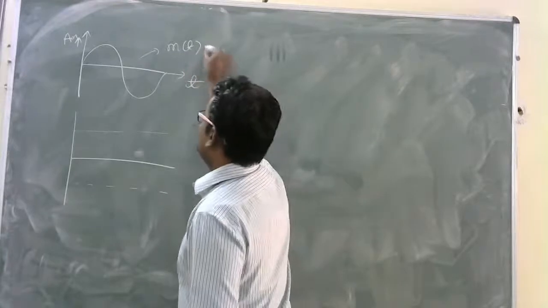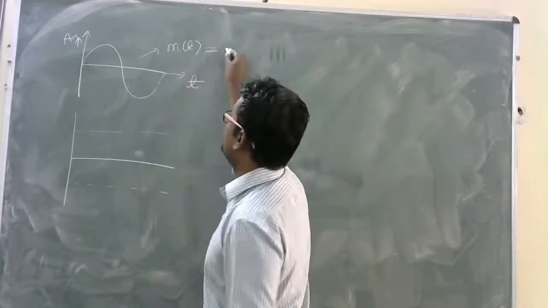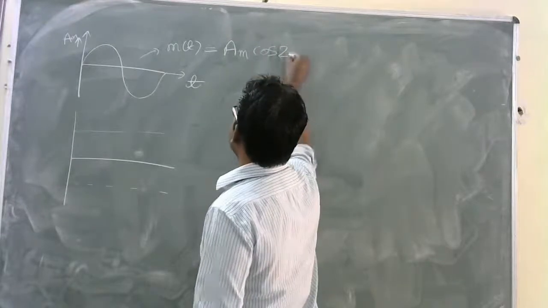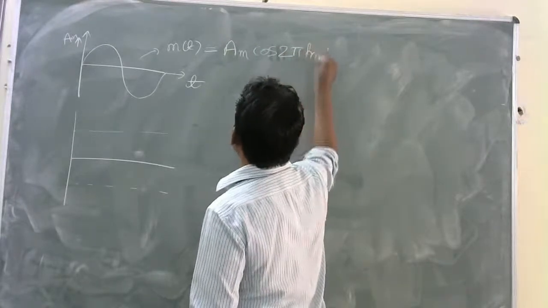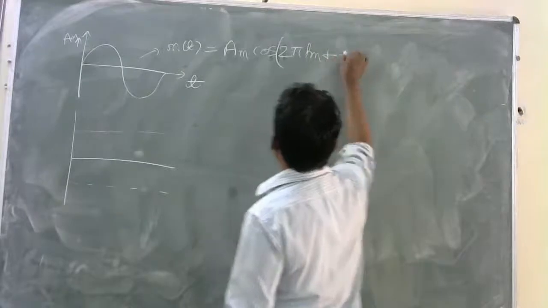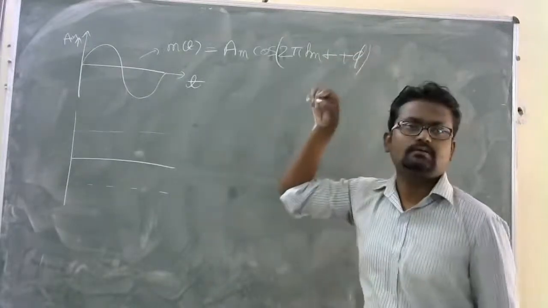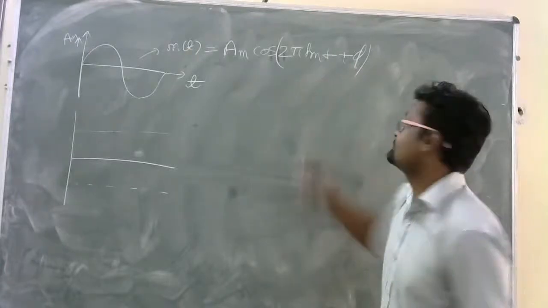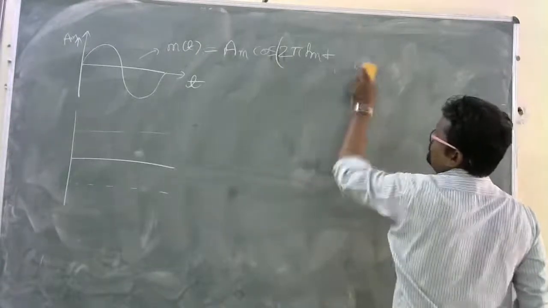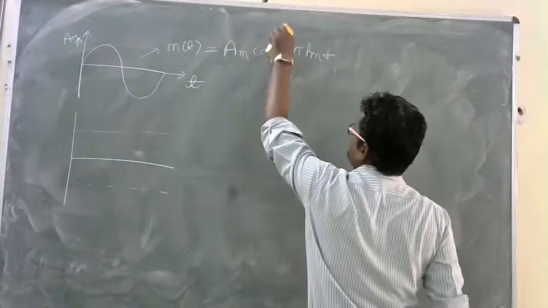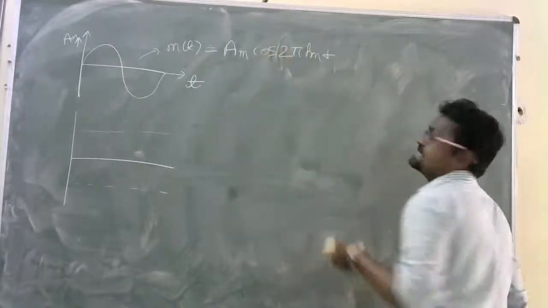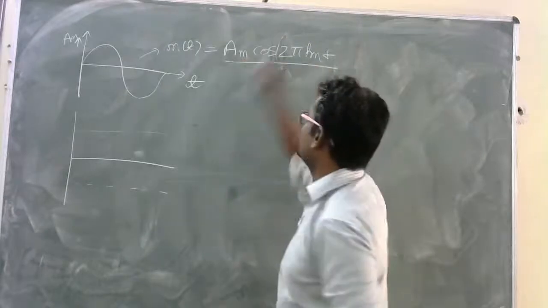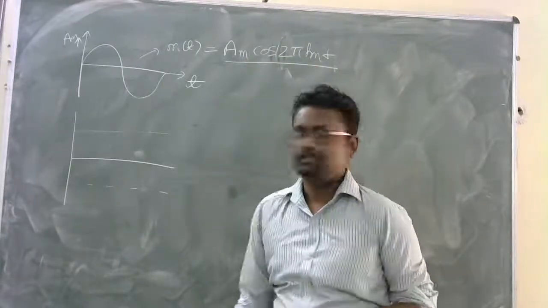The mathematical expression of this message signal is m(t) equals Am cos(2 pi fm t plus phi). We could also write phi here, but because the phase is constant, it is not required to represent phase everywhere. So I am representing the message signal as Am cos 2 pi fm t.